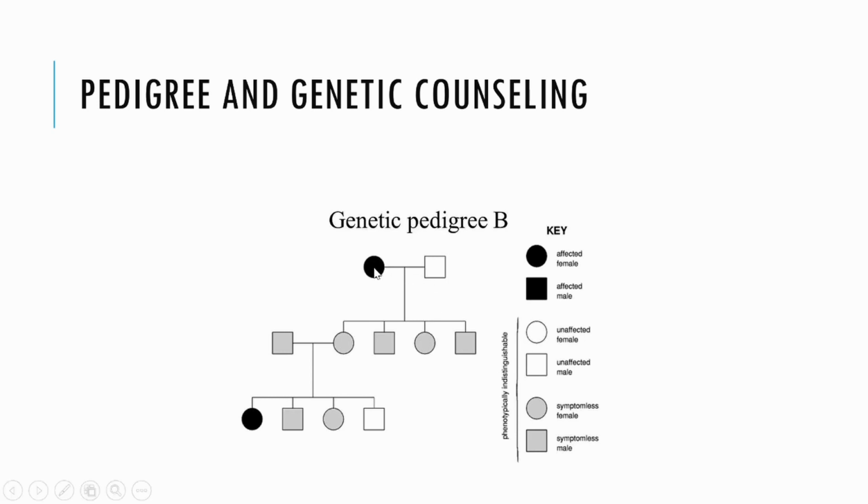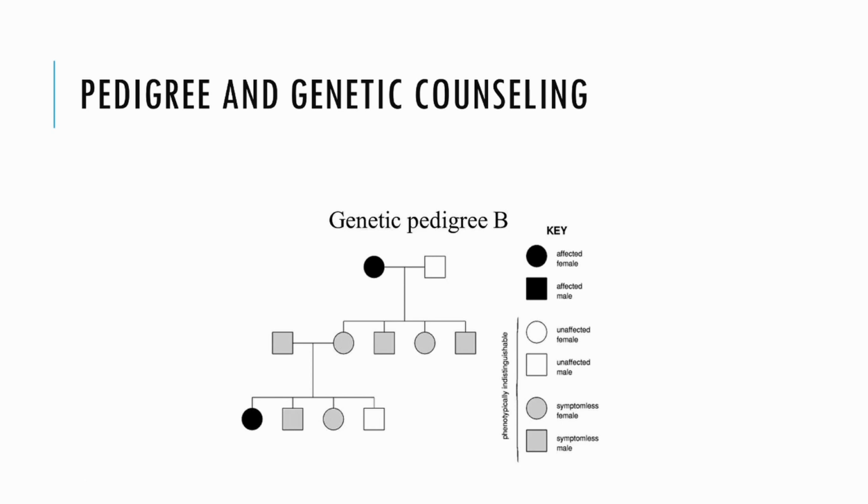So here we have grandma who does have the condition, grandpa who does not. All of their children are symptomless. They're all carriers. This woman here has a marriage line to this man here, so she is in a relationship with him, and they have 4 children themselves, one of which is affected, 2 are carriers, and 1 who is completely unaffected.